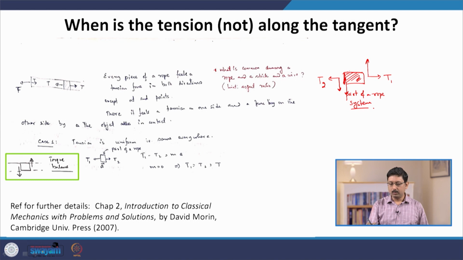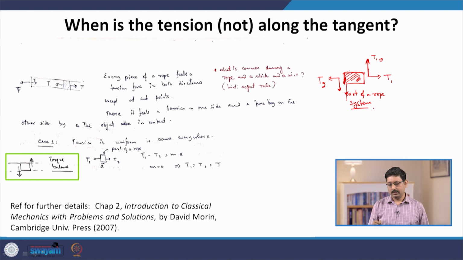But the moment due to the other force, the vertical component of tension, let us call it T1V, on the other end of this slice of rope, will not be 0.